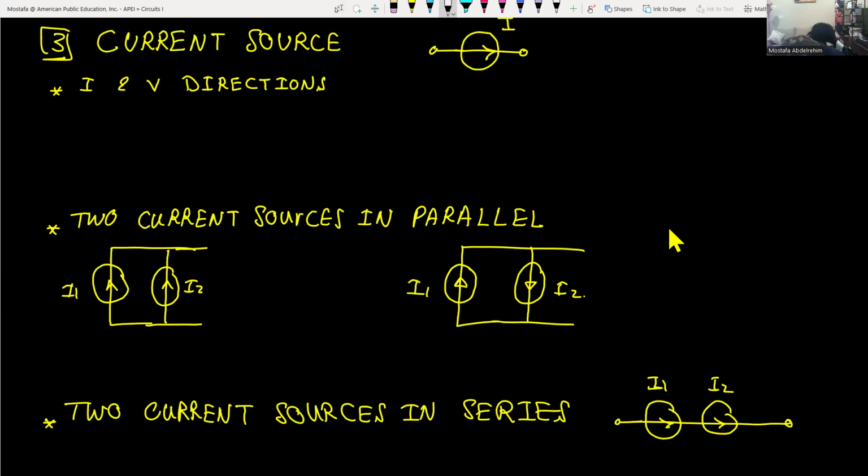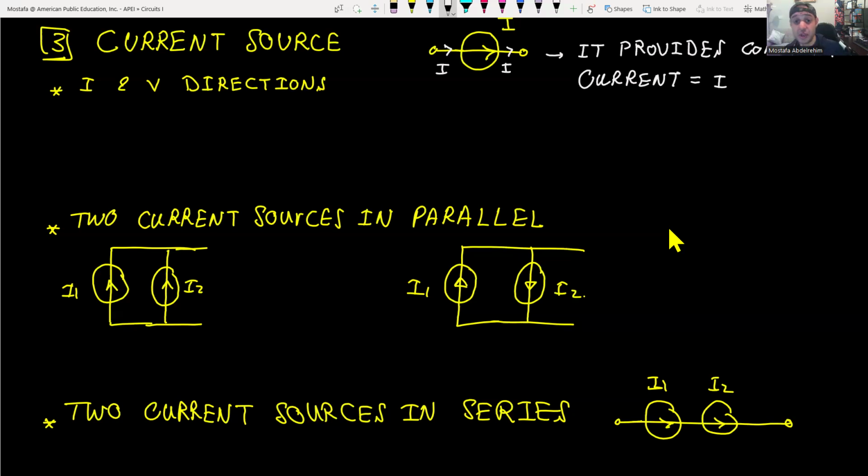So a branch like this here will have I. So it provides constant current, in this case equal to I, or whatever, 5 amperes, 1 ampere, or whatever symbol you give to it.